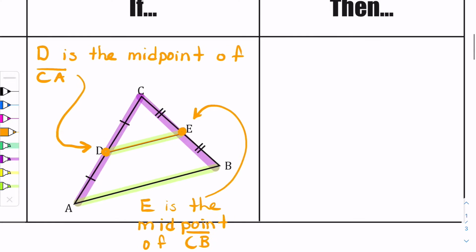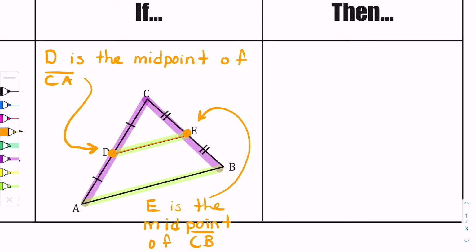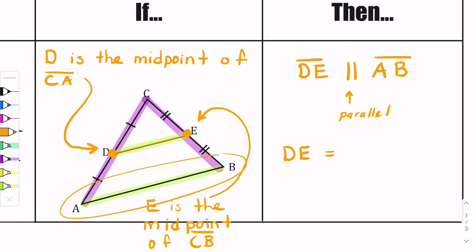If this was the case, we know that the two lines I highlighted in green, which are segment DE and segment AB, are parallel. Don't forget your parallel symbol. We also know that segment DE is 1/2 of the length of AB.